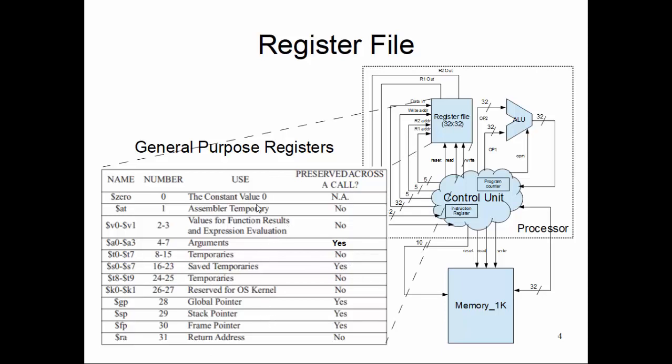What are the different usages? The constant value 0, as I said, I cannot write into it, it remains constant. AT is the assembler temporary, a register used by the assembler for pseudo instruction expansion.